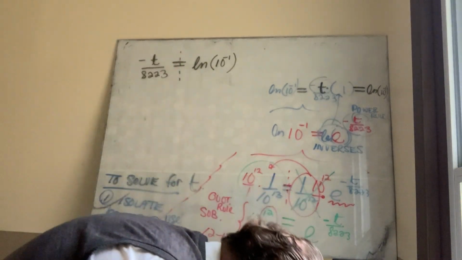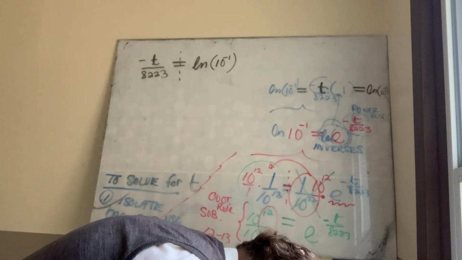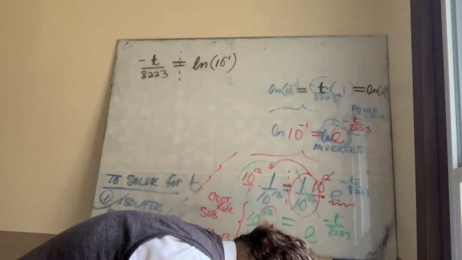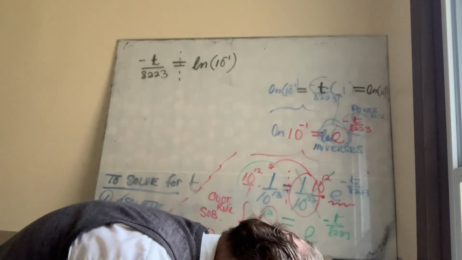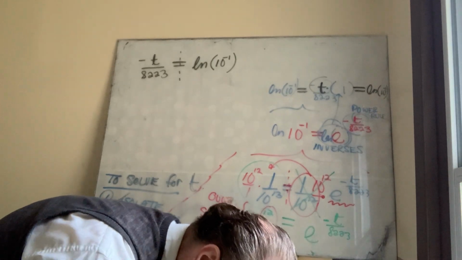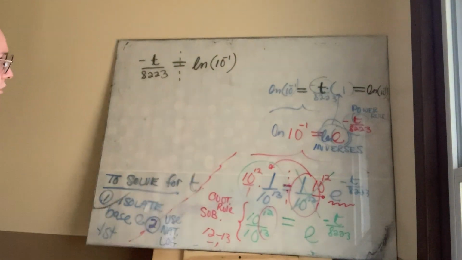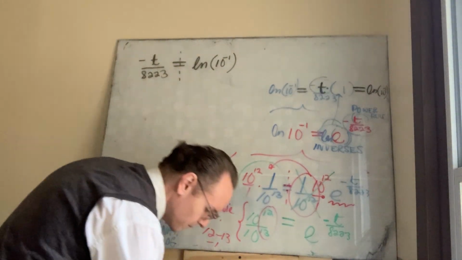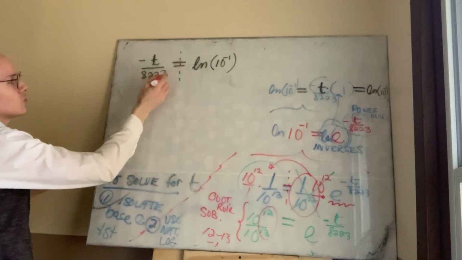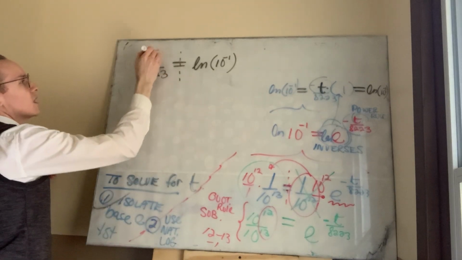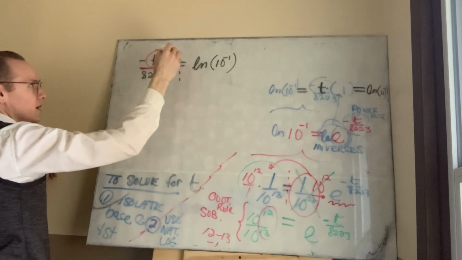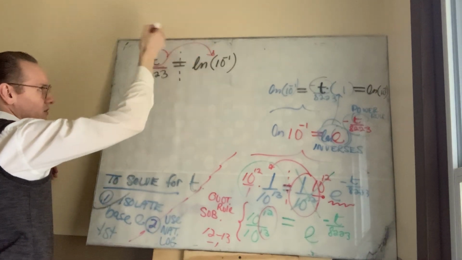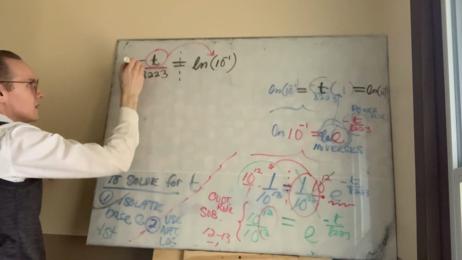Let me just put this back. I don't have to do more papers. To move the denominator here, 8,223. Again, if you're trying to isolate the variable at this point, you are dividing on this side to justify moving it from the left side to the right side, or whatever you prefer.